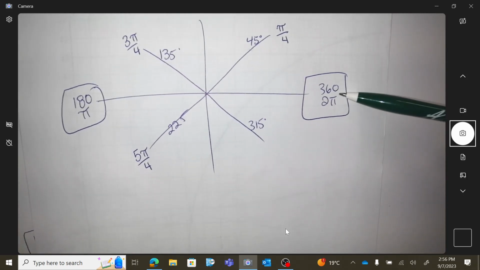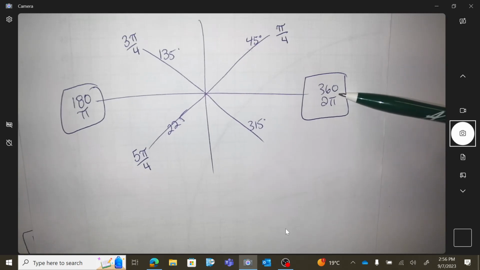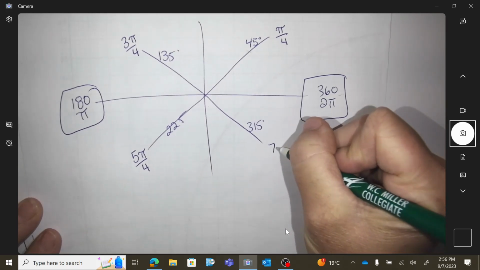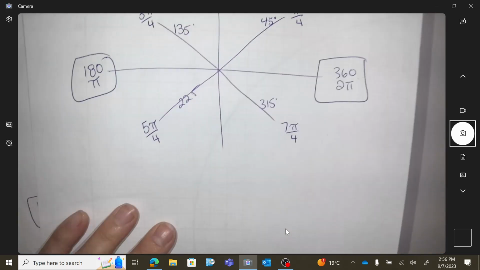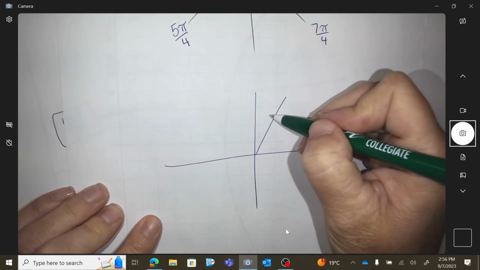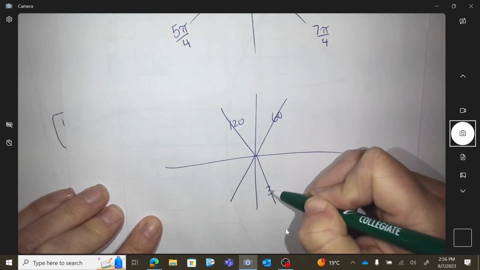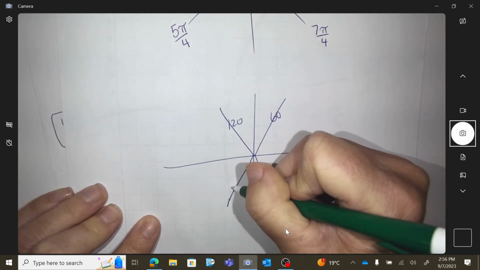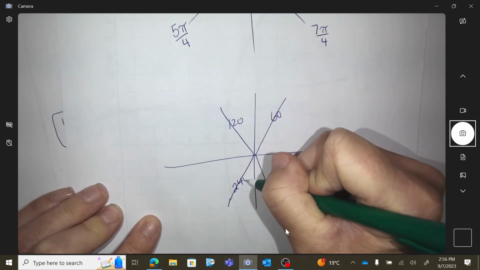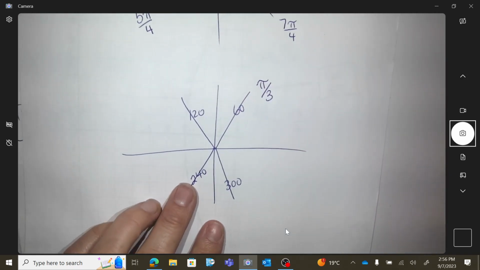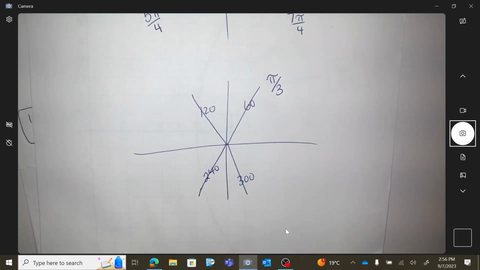Now, 2 pi, what do you want to change 2 into as a fraction now? Everything you're doing is with 4s on the bottom. So 8 over 4. So if we back up, this is going to be 7 pi over 4. Okay, and then the last is our 60-degree spots. What's this one? 240, right? Our 60-degree spots. So this is pi over 3. 180 divided by 3 is 60.